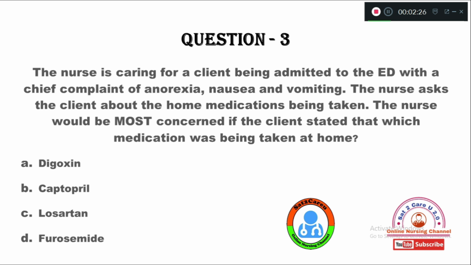C, losartan. Option D, furosemide. Which medication taken at home may induce complaints like anorexia, nausea and vomiting? The right answer, option A, digoxin. Digoxin may induce these adverse effects.